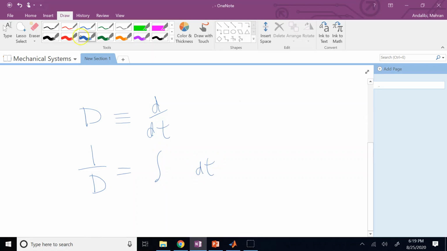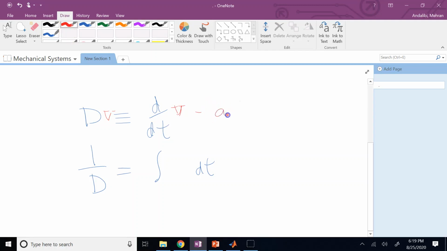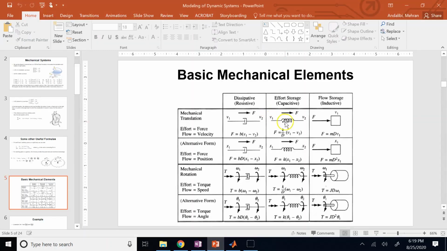So when it says dv, it means d of v over dt, which is a. And when it says v over d, it means the integral of v dt, which is x. So here v1 over d minus v2 over d means x1 minus x2, and here d of v means acceleration.